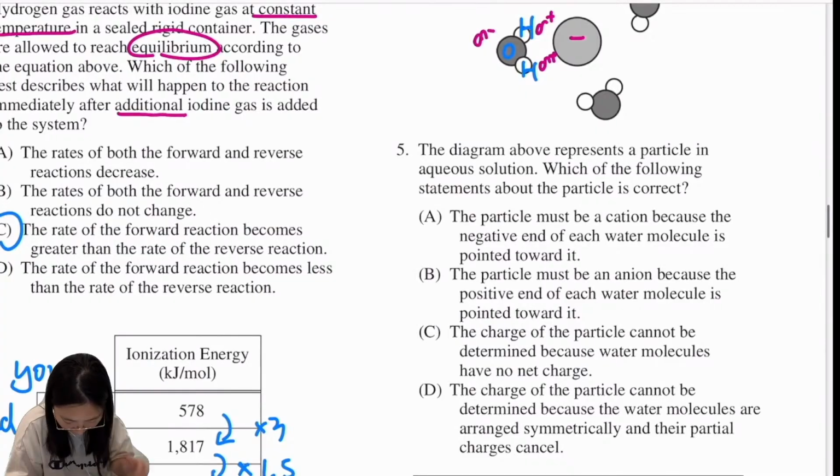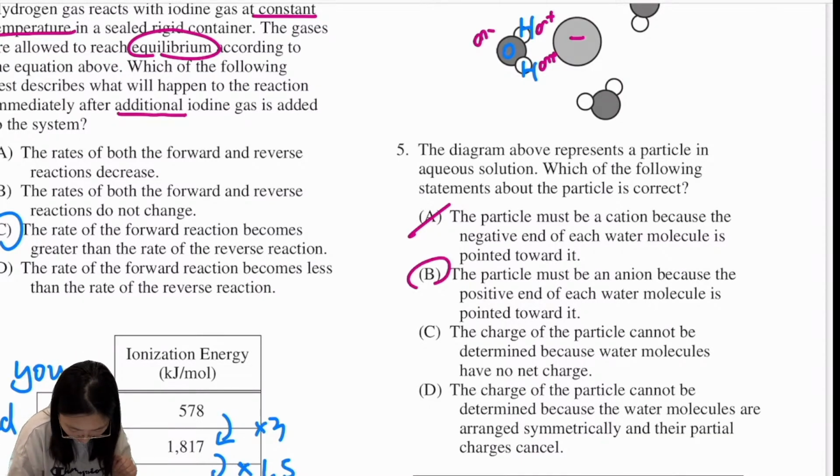So which of the following statements is correct? A, the particle must be a cation. Okay, it must carry a negative charge, so not A. And then the answer should be B. Great. It should be the anion because the positive end of the water molecule is pointed toward it. Okay, what about C and D? The charge of the particle cannot be determined.